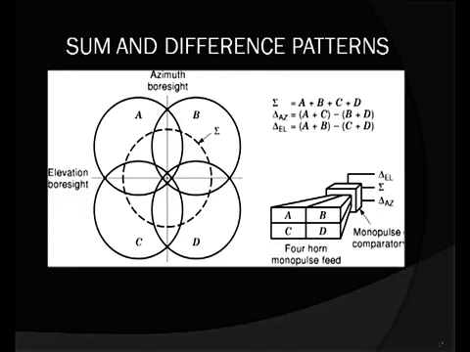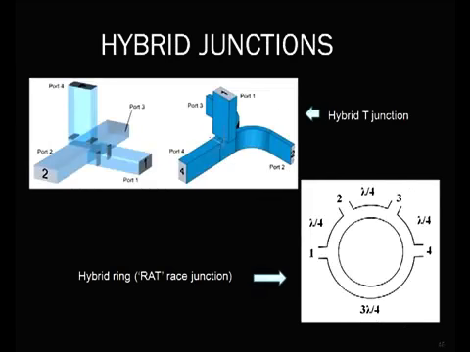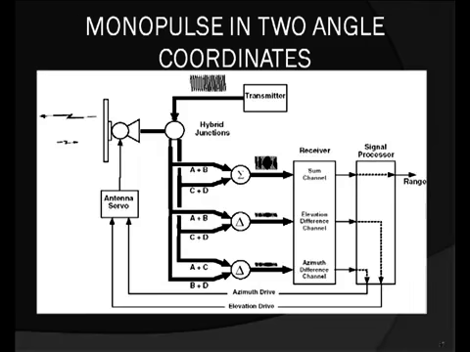One is a hybrid junction, and here the inputs are 2 and the outputs are 2. The inputs from the feed horns will be given to the hybrid junction. So with the two inputs there can be two outputs. One output is the sum channel, the other output is the difference channel.